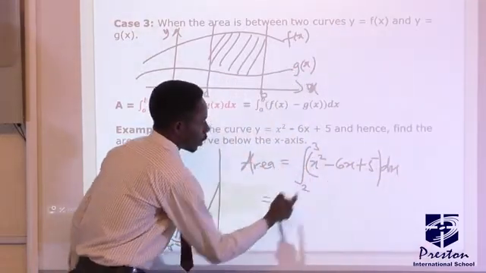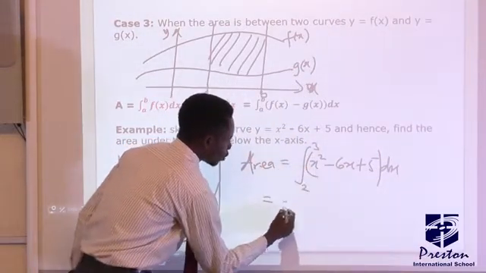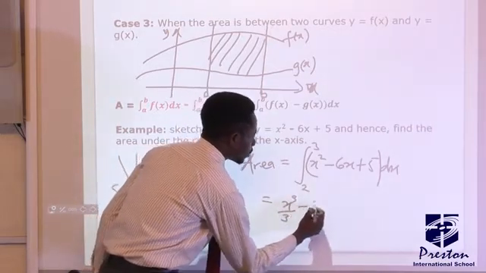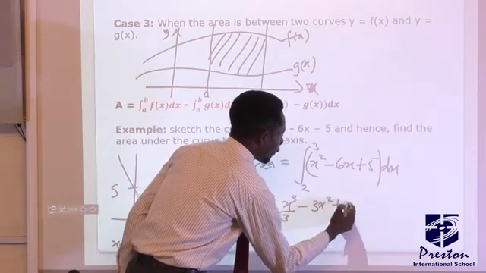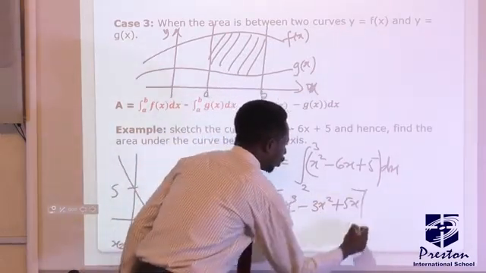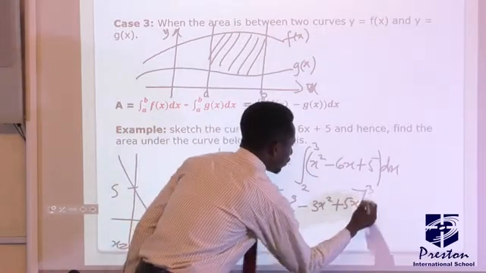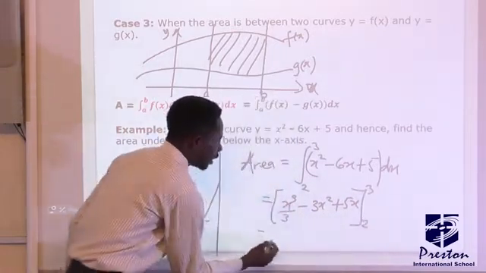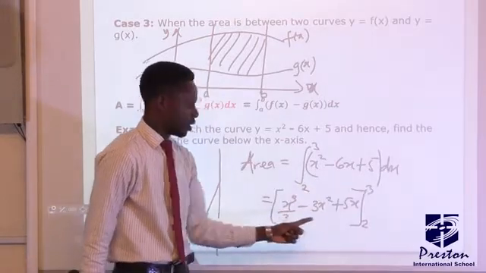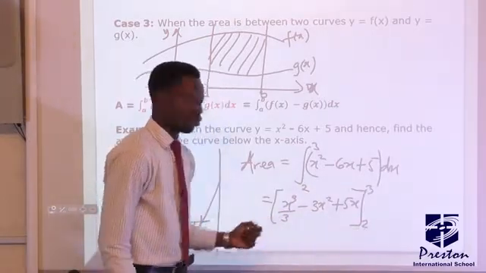So at the end of everything, when we integrate this, you have x to the power 3 over 3 minus 3x squared, then plus 5x. And at this point now, you put your upper limit 3 and lower limit 2. From here, you are just meant to substitute the value of x being equal to 3, and substitute the value of x being equal to 2.